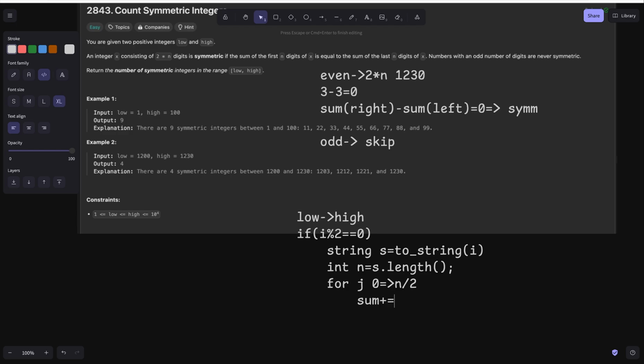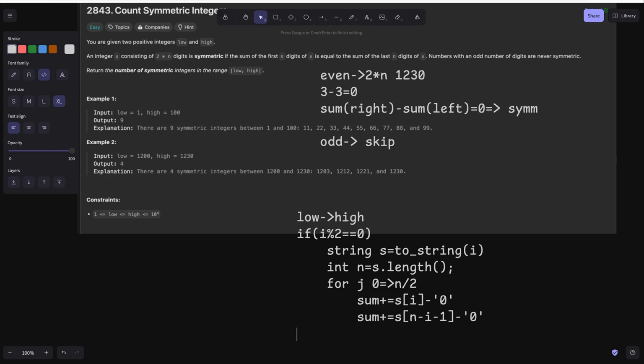So we will add the left side elements to the sum. The left side element would be s[i] minus '0'. Why minus '0'? To convert it into an integer. This is added, and now we need to subtract the right side element. The right side element would be s[n minus i minus 1] minus '0' to convert it into an integer.